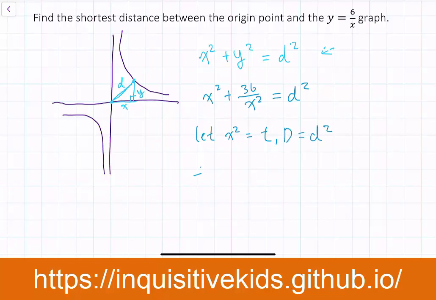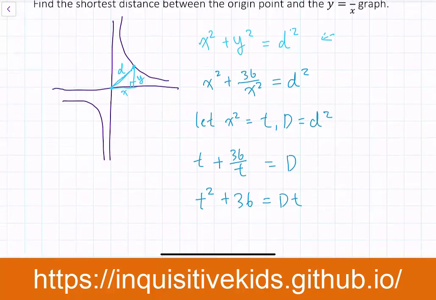So now we get t plus 36 over t equals uppercase D. And now we can go ahead and remove this denominator and multiply t on both sides to get t squared plus 36 equals Dt. Then we're going to move all these terms to one side of the equation. We get t squared minus Dt plus 36 equals 0. Now what we can do is apply our discriminant formula.